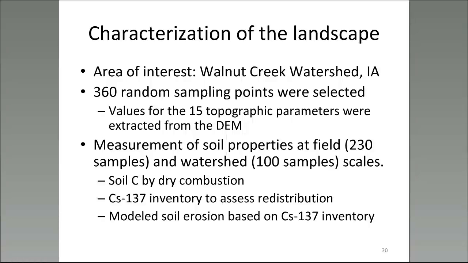We also had soil measurements performed at both field and watershed scale. So we had 330 samples at field scale and 100 samples at watershed scale. Those soil samples were analyzed for soil carbon, for cesium-137, which is a tracer that we can use for looking at soil redistribution since about 1964. And then we also modeled soil erosion based upon the cesium data.